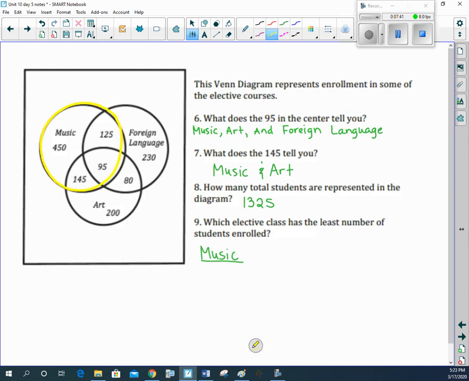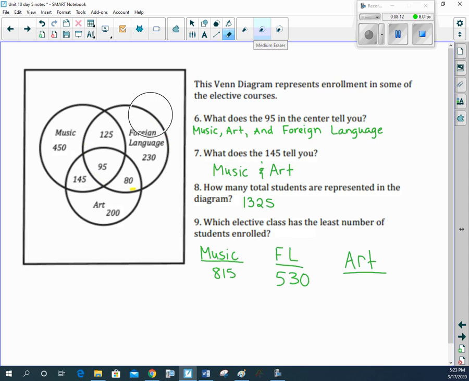Add all those up and you'll end up with 815. Then I would check foreign language. So we'll start over and add up all the numbers of the students in the foreign language circle. You have to add up all those numbers, and if you do that, that's 530. And then last, I would add up everything that's in the art circle.